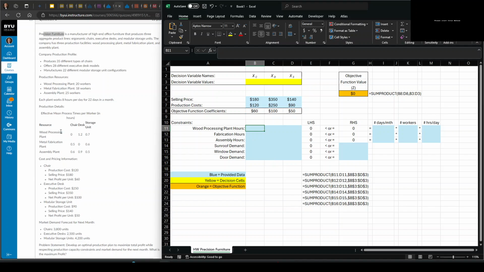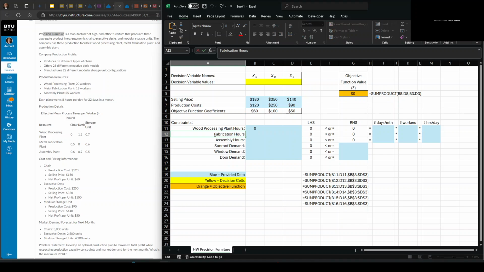And for each hour that a worker puts into the chair in the wood processing plant is 0. What does that mean? Basically, that means the chairs are not being produced in the wood processing plant, but they are produced in the metal fabrication plant and the assembly plant.